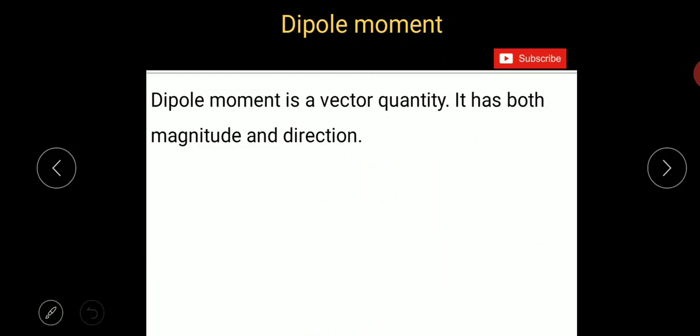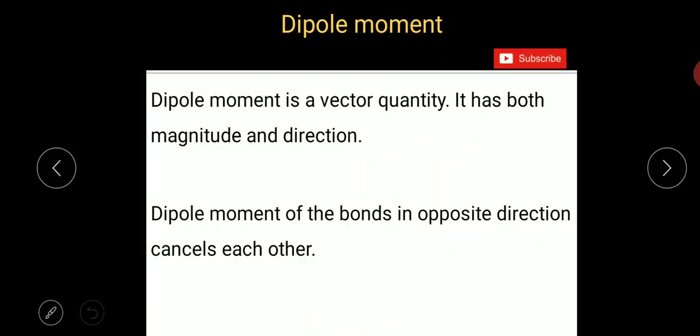Dipole moment is a vector quantity. It has both magnitude and direction. Dipole moments of bonds which are present in opposite directions cancel each other.